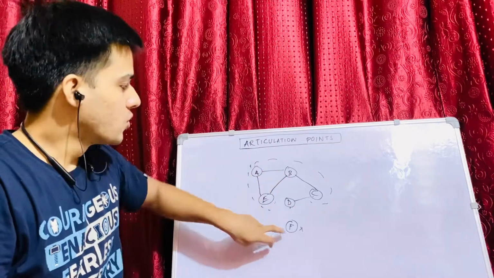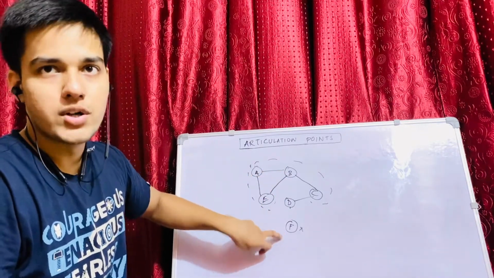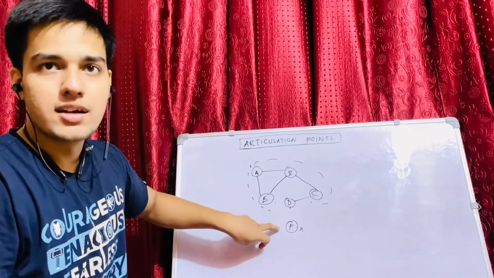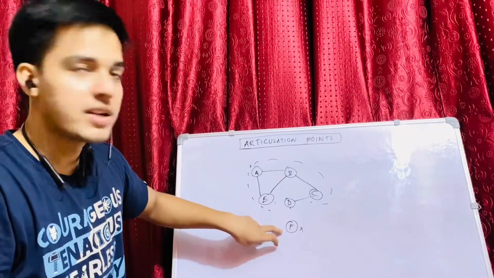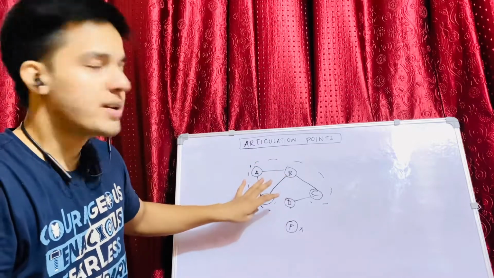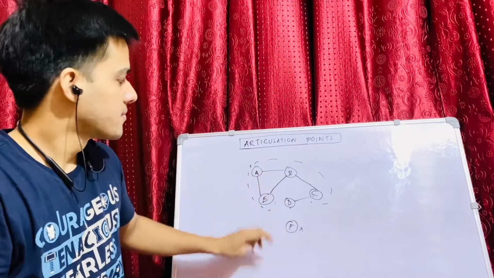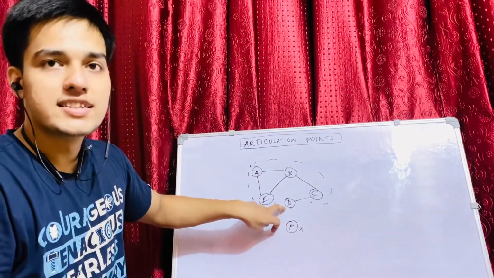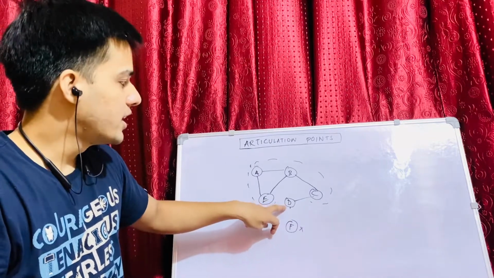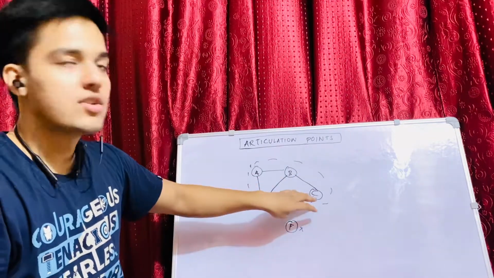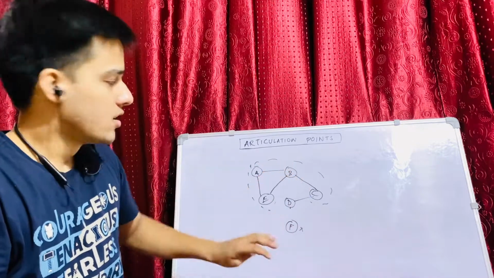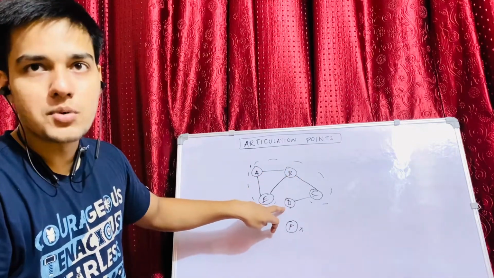So node F is not an articulation point because this is not a single point of failure. Even if I bring this particular node down, my remaining network is still connected. On the other hand, we discussed D: if we bring down D, then F and all the other remaining nodes get disconnected. So D is an articulation point.